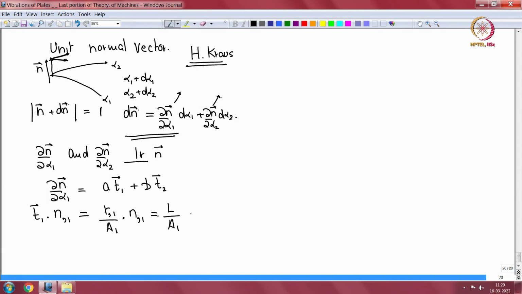So this is equal to A times T1 bar dotted with T1 bar plus B times T1 bar dotted with T2 bar.